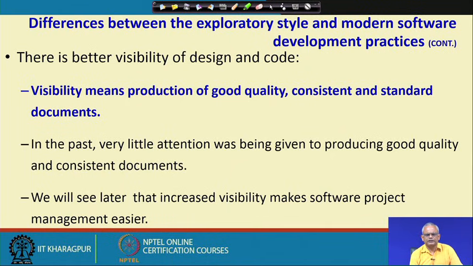Somebody can see that the design is done, the code is done, or the requirements are done. So these documents improve the visibility. Earlier there was no visibility; you just had to ask the programmer how far he had got. Right now you can see the documents and determine what stage of development it is in.